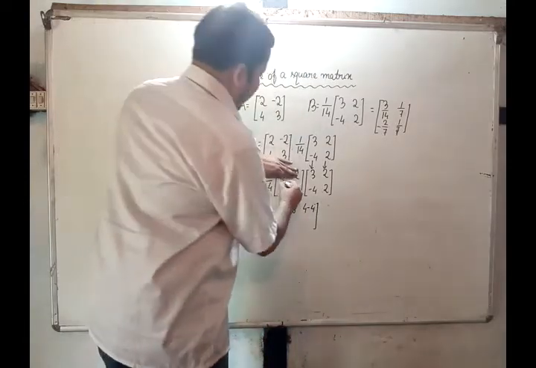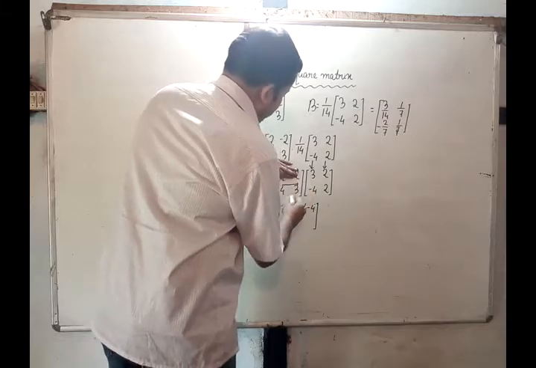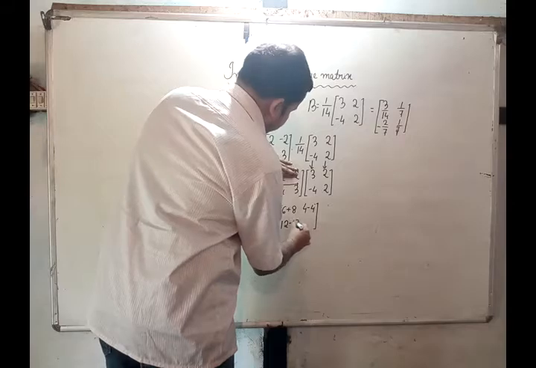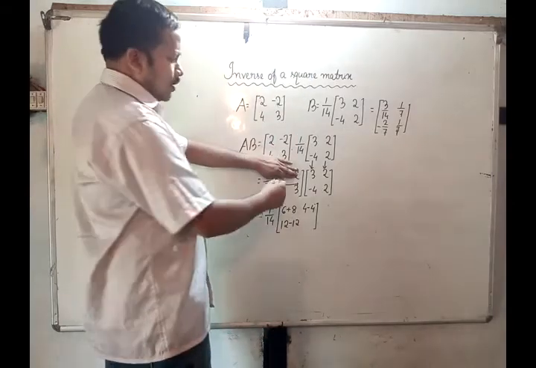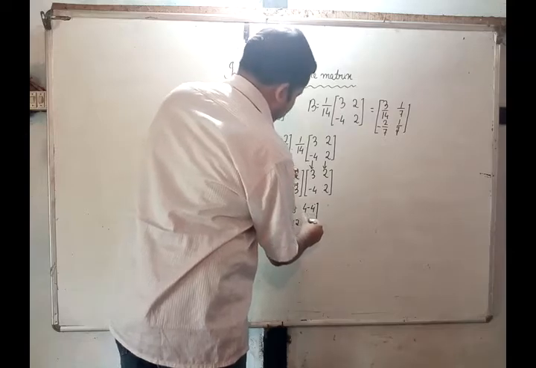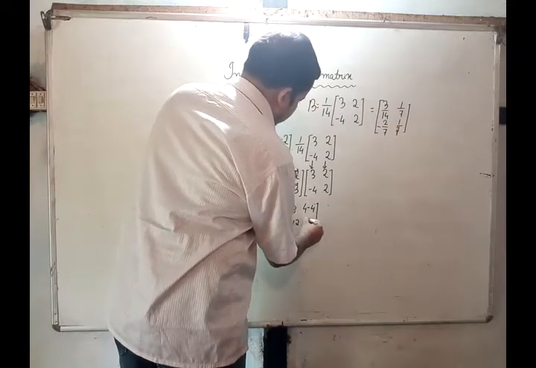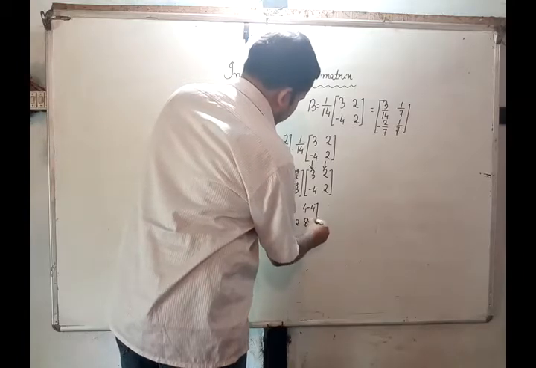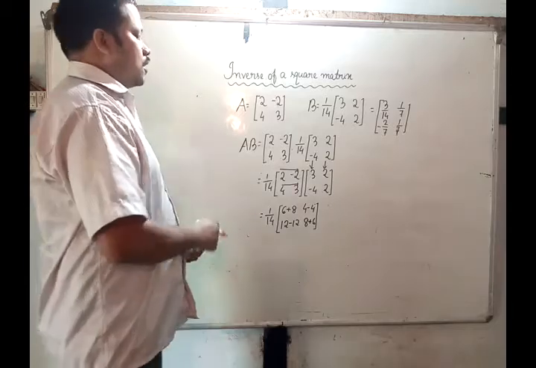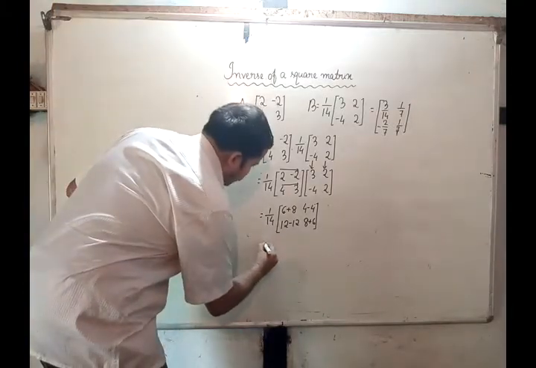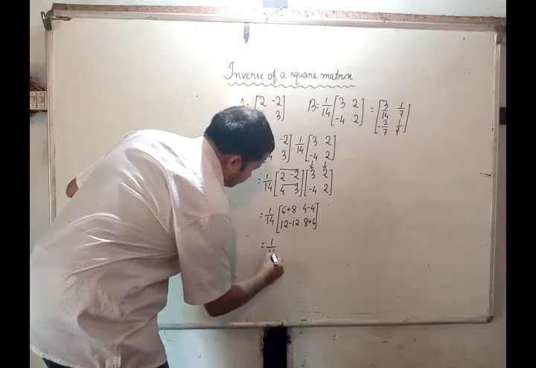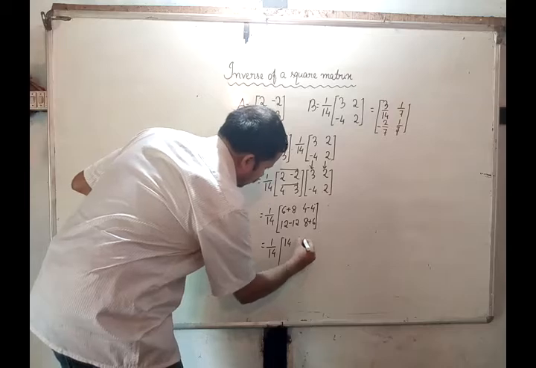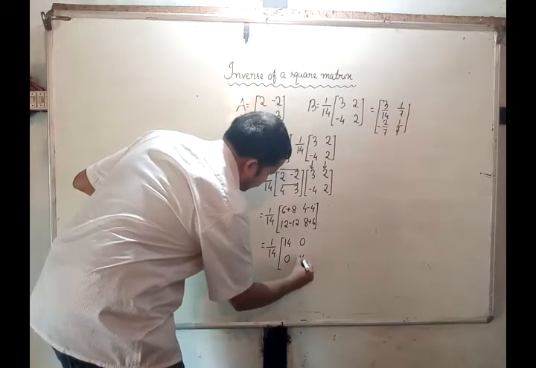Then start with the second row. Second row, first column: 4 into 3, 12, plus 3 into minus 4 is minus 12. Second row, second column: 4 into 2, 8, plus 3 into 2, 6. So what we get is 1 by 14 times the matrix 14, 0, 0, 14.